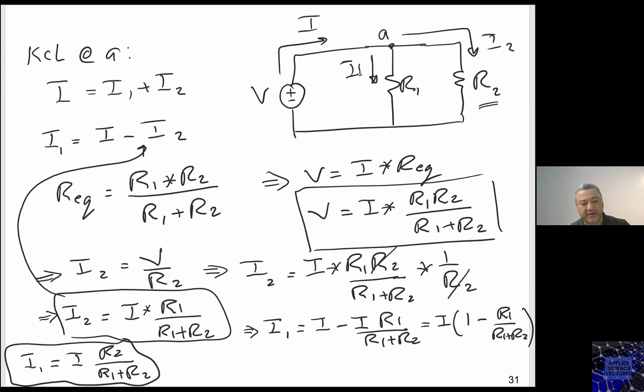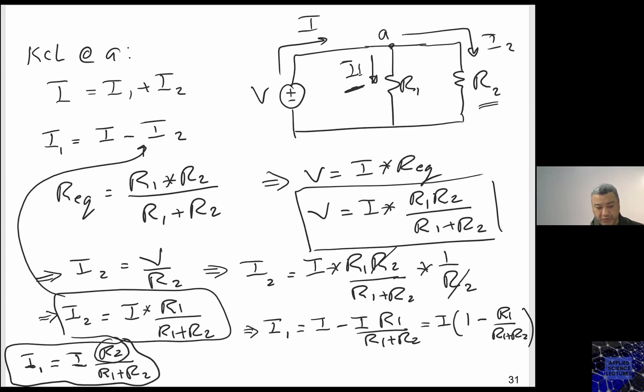Now notice that I1, the current that goes into R1, is proportional to the ratio of the other branch resistance divided by the summation. So I1 is proportional to the other branch resistance, which is R2, divided by the summation.